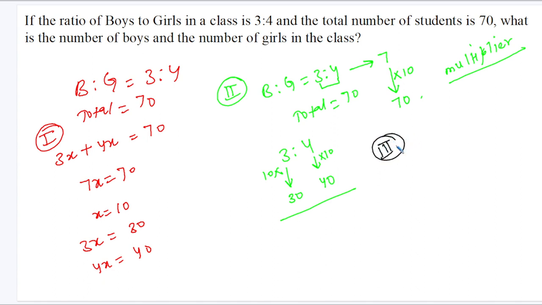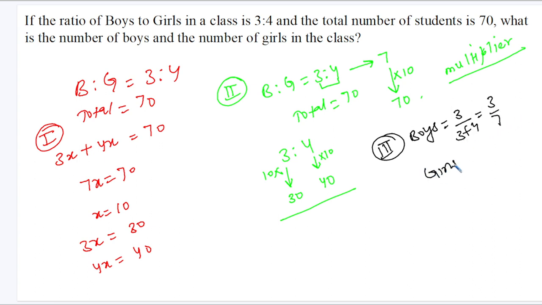You can find the fraction of the boys and the fraction of girls. That can also be done. Let's talk about the fraction. What is fraction all about? Suppose the boys fraction. Boys are 3 over 3 plus 4 of the total, 3/7 of the total number of students.